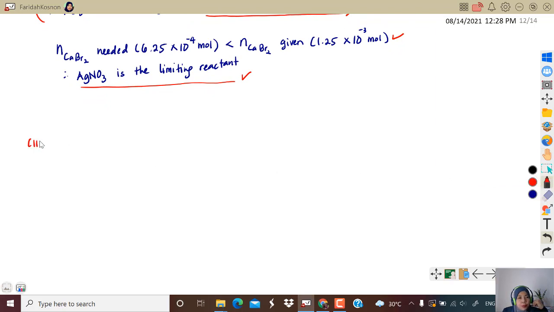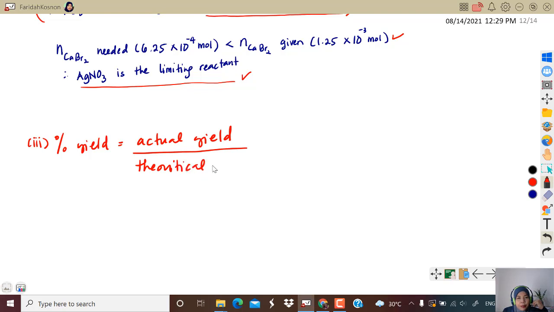Since percentage yield is the actual yield divided by theoretical yield times 100.